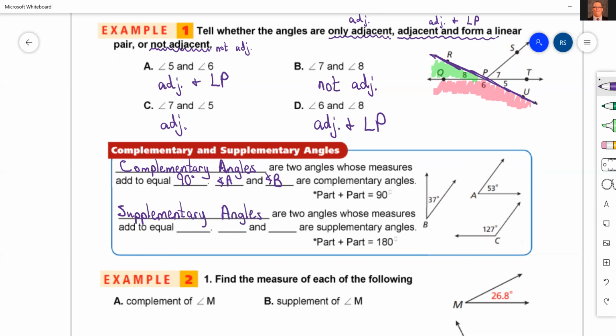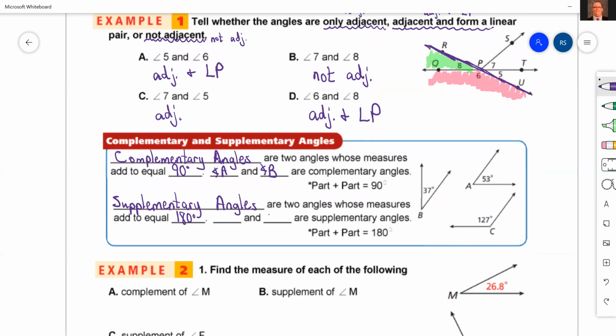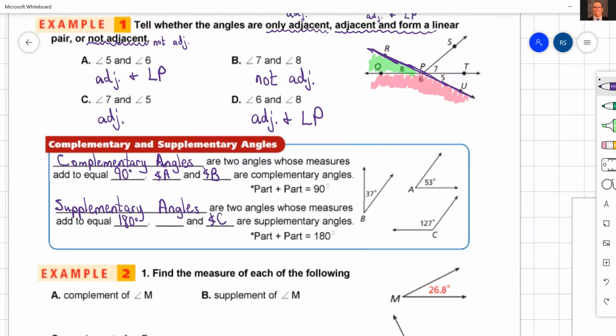Those are two angles whose measures add to equal 180 degrees. So we're for sure going to have angle C this time. But what would our other one be?